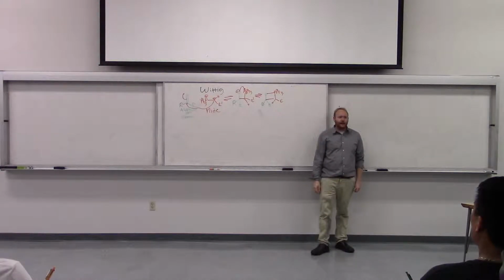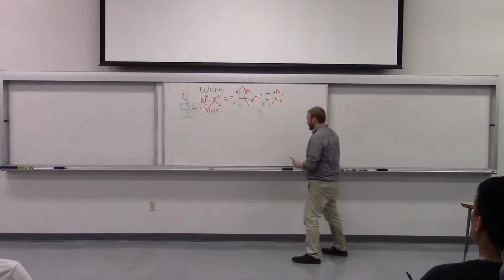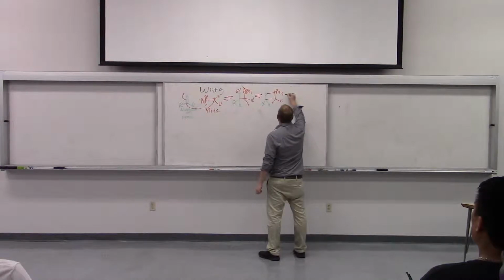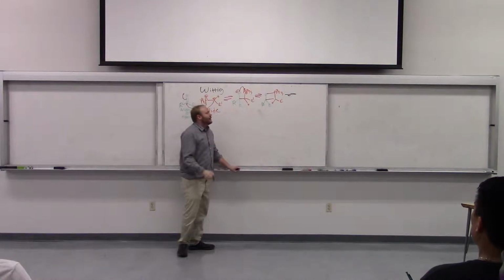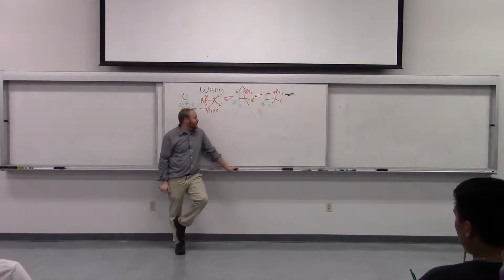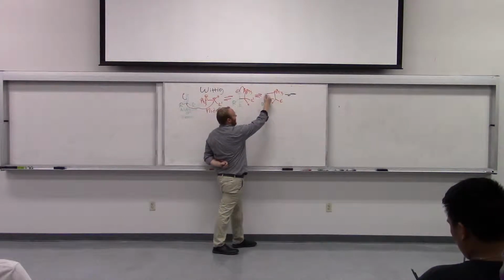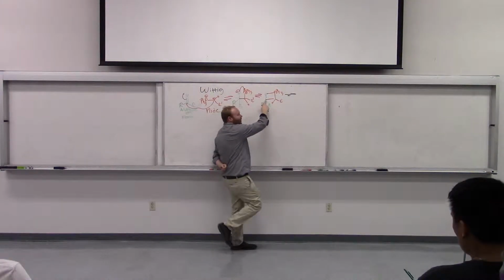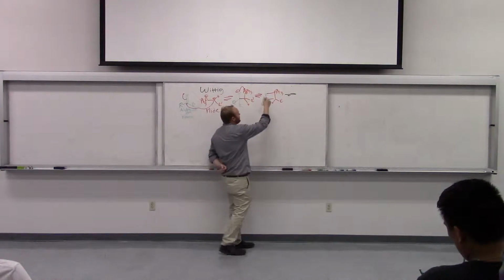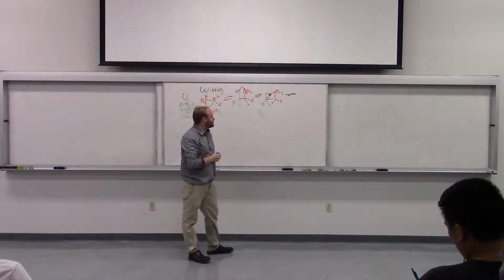And the question is, how can we go forward? The way we can go forward is by what I referred to on Monday as square dancing, where these electrons from this oxygen carbon bond that was originally in the carbonyl in green can jump up here.